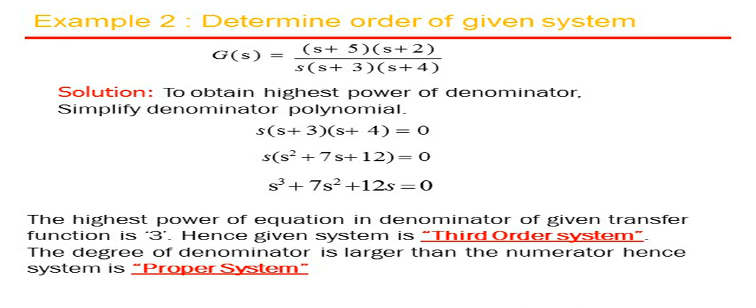Hence, the system is called a third order system, and the degree of the denominator is larger than the numerator. If you calculate S plus 5 into S plus 2, the highest degree will be S square. So the degree of the denominator is larger than the numerator, so it is called a proper system.